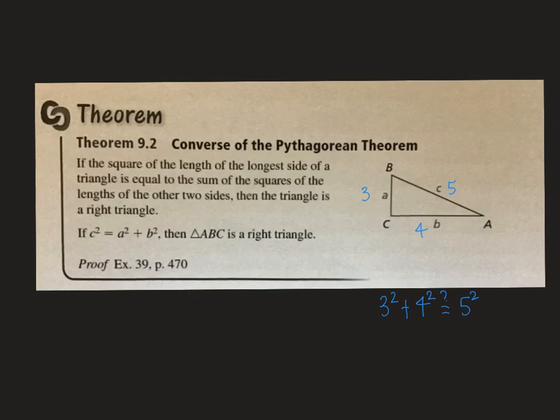Okay, so remember your biggest side has to be the hypotenuse, so 5 is our biggest side, so we're plugging that in for C. 3 squared is 9, 4 squared is 16, 5 squared is 25. 9 plus 16 is 25. So we've got 25 is equal to 25, which makes that a true statement, and side lengths of 3, 4, and 5 a right triangle.